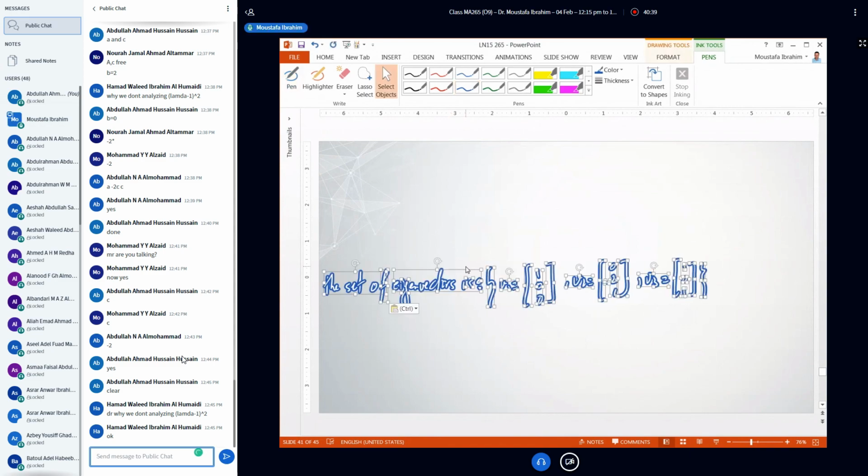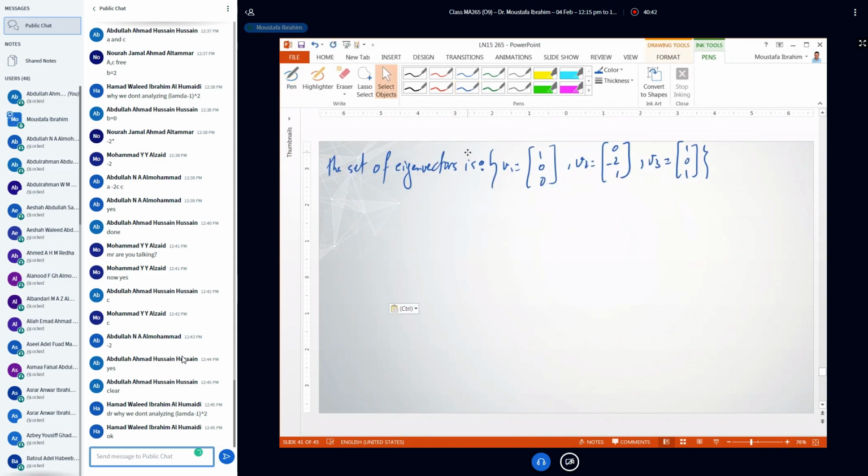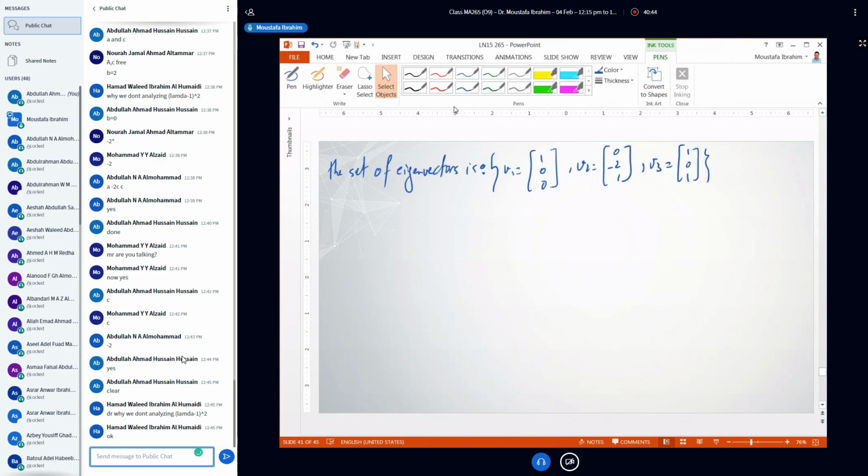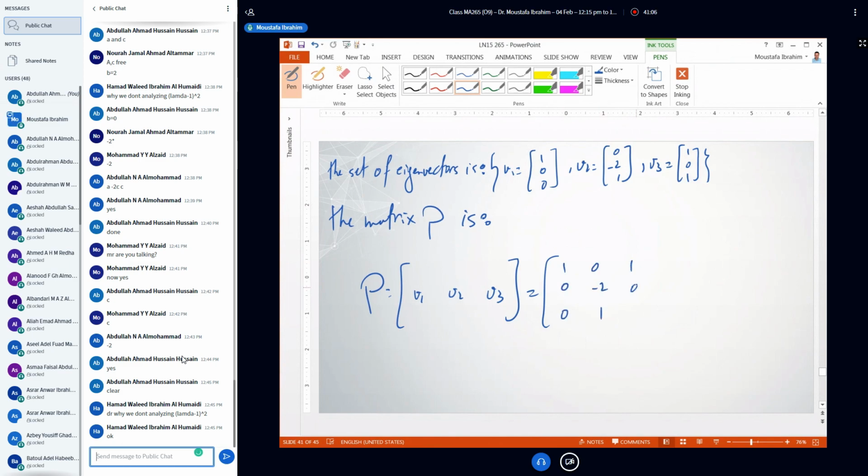Here we have the set of eigenvectors, so the matrix P is P equal to V1, V2, V3, which is 1, 0, 0, 0, -2, 1, 1, 0, 1.